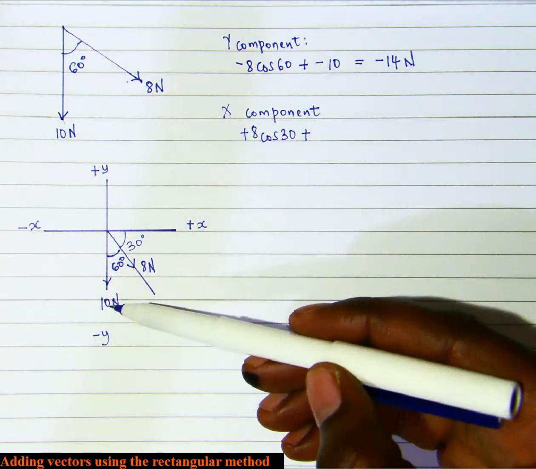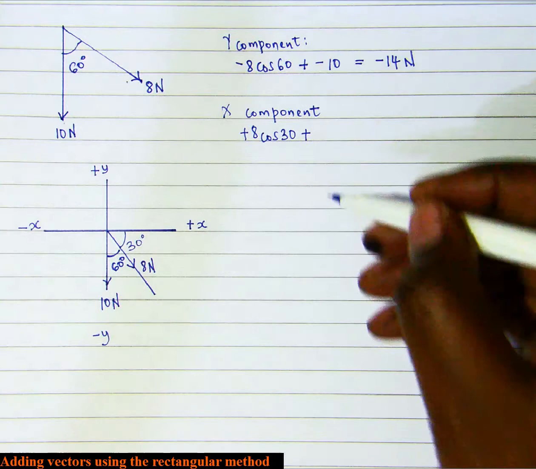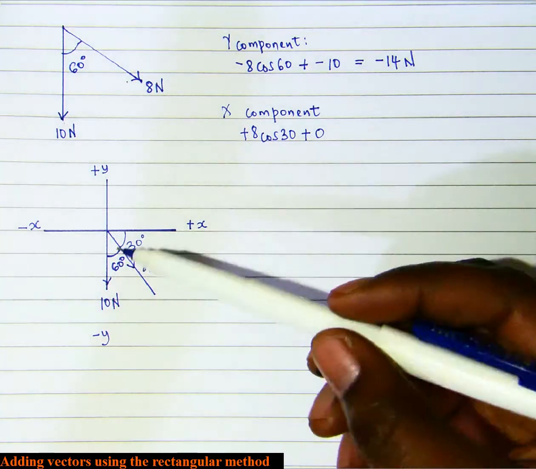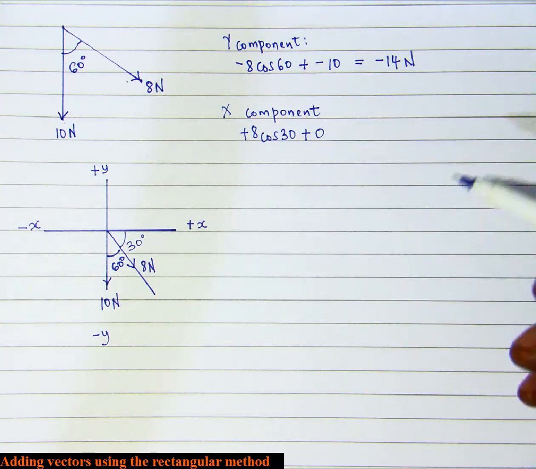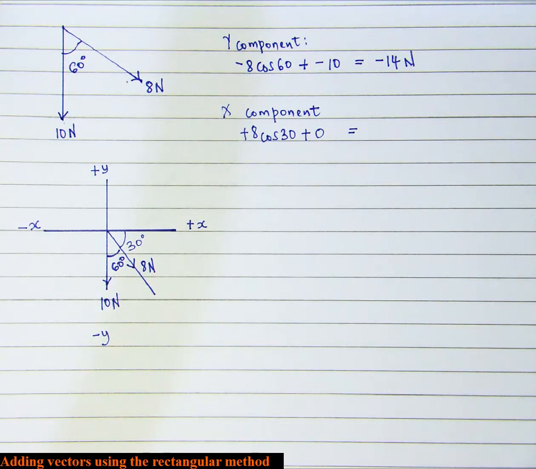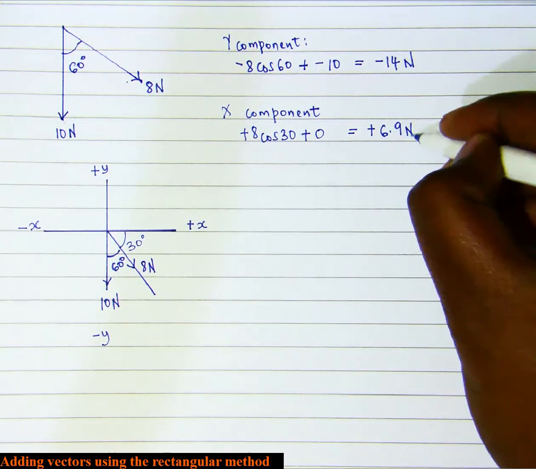And on the second force, because it's completely on the y-axis, it is simply 0. Alternatively, you could say 10 times cosine of 90, which will still give you 0. And this totals up to positive 6.9 newtons.